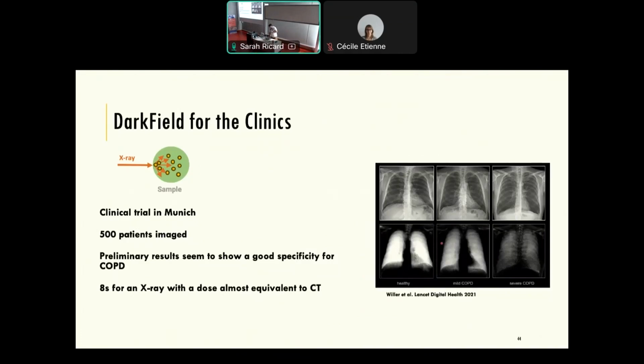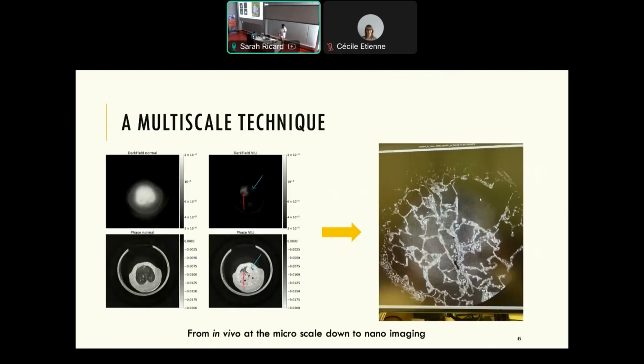And what is interesting is that this was made in human, but at the synchrotron, it's easy to do such a thing in CT. And these are the results that we get from living rats. So this is the same rats before and after the model. What is interesting is that from the dark field signal, so this scattering signal, you lose a bit the spatial resolution compared to the attenuation.